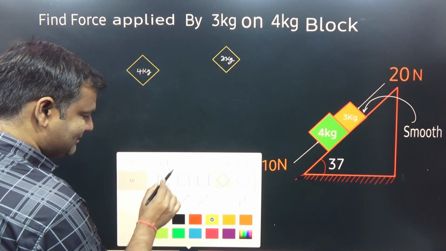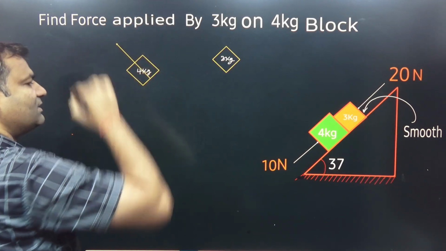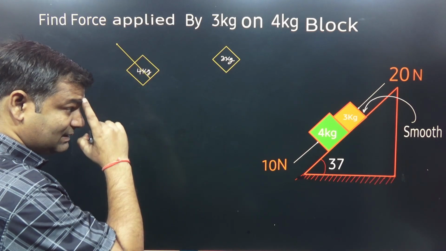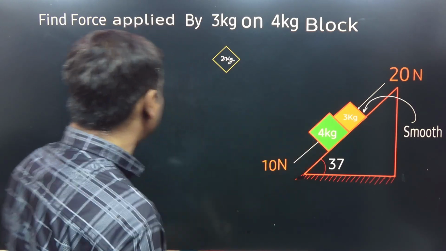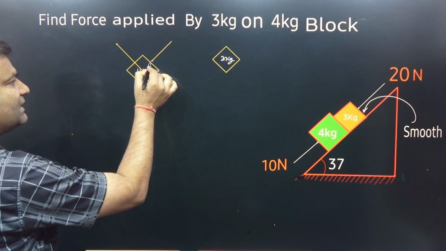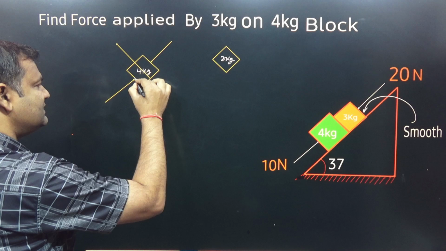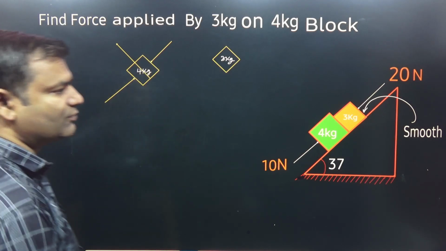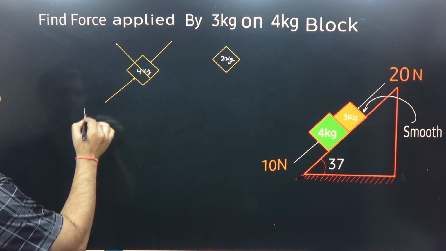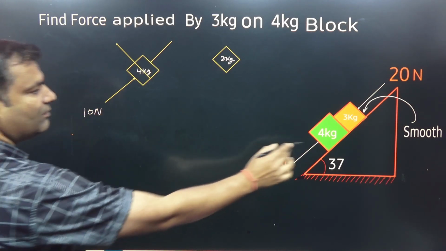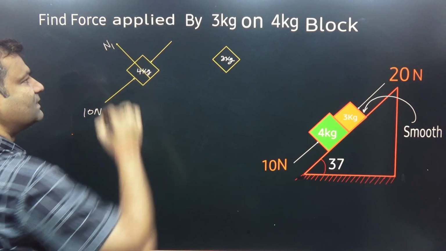Look here, this direction corresponds to that one. After that, the 3 kg block applies a force on the 4 kg block. Suppose that force is like that. These three are direct contact forces. First, 10 Newton. Second, the normal force applied by the inclined plane on the 4 kg block, which is N1, represented like that.